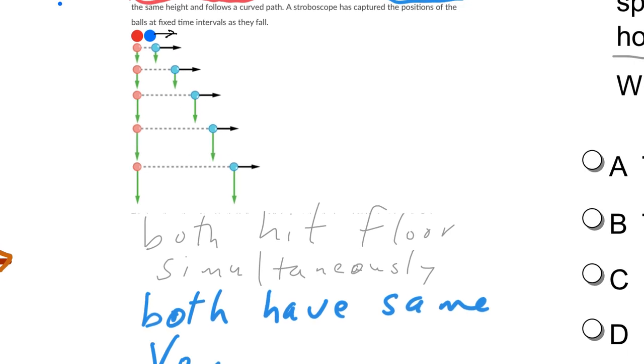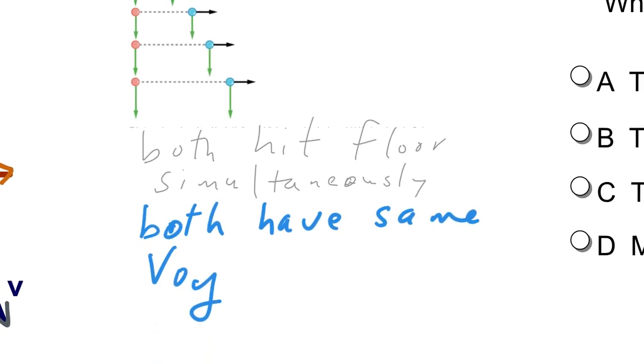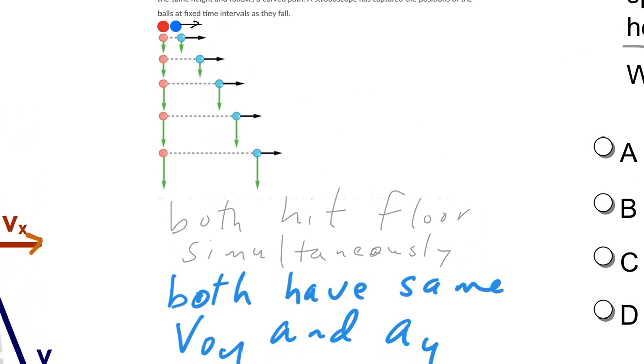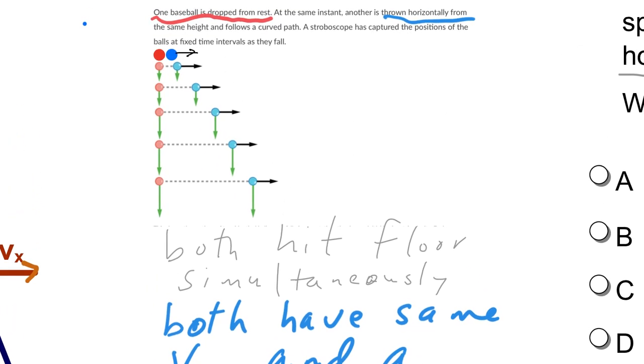I didn't throw it upwards or downwards, I just dropped it or threw it forwards horizontally. So VOY is equal to 0 and AY is equal to -10. So it's important for you to realize that.